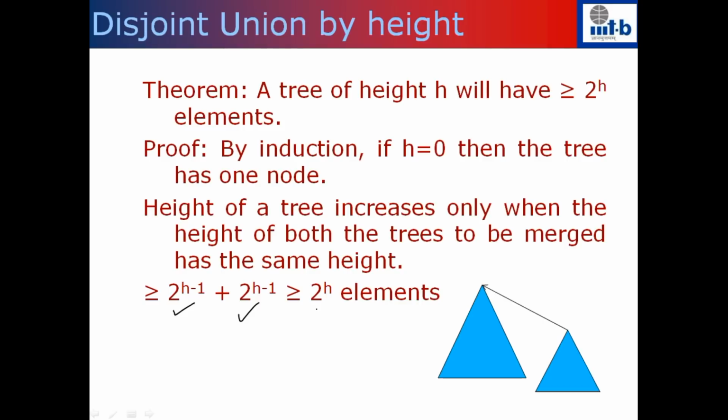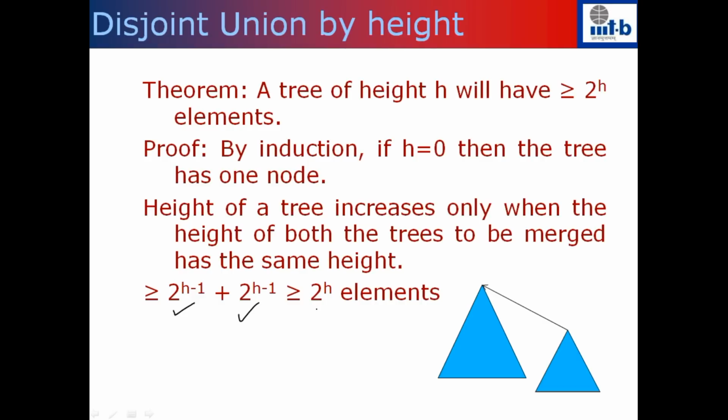I repeat, the height changes only if the heights of the subtrees are exactly equal to h minus 1. In that case, by induction, both the trees should have at least 2 to the power h minus 1 number of elements. So after you merge, the height of the tree becomes h, and the number of nodes will be 2 to the power h.